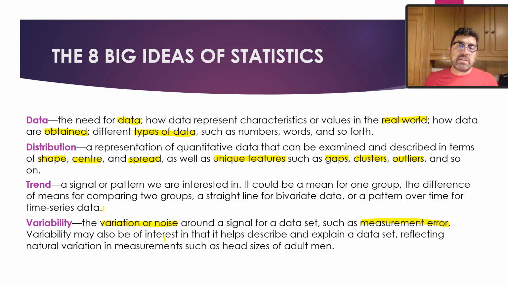Variability may also be of interest in that it helps describe and explain a data set, reflecting natural variation in measurements, such as head sizes of adult men. Okay, variability, big idea: the variation or noise around a signal for a data set. Variability in your data is very, very important.